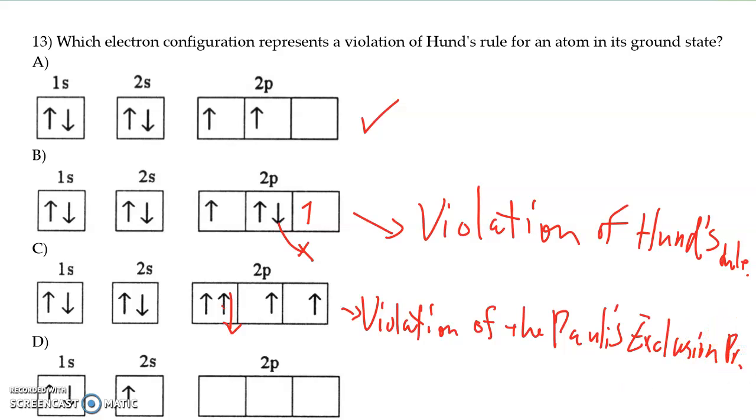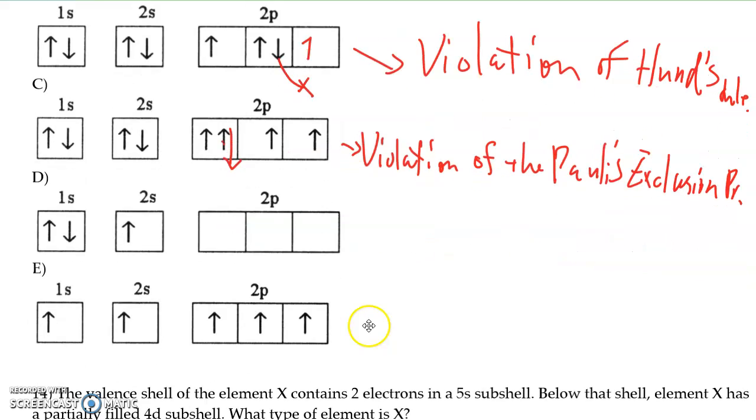Okay, and let's look at the other one. Up, down, up. That is fine. Let's look at this one. Okay, this one is up. So it's not in the ground state because I can clearly see that it did not fill the lowest level first. So if I have 5 electrons, it should be up, down, and up.